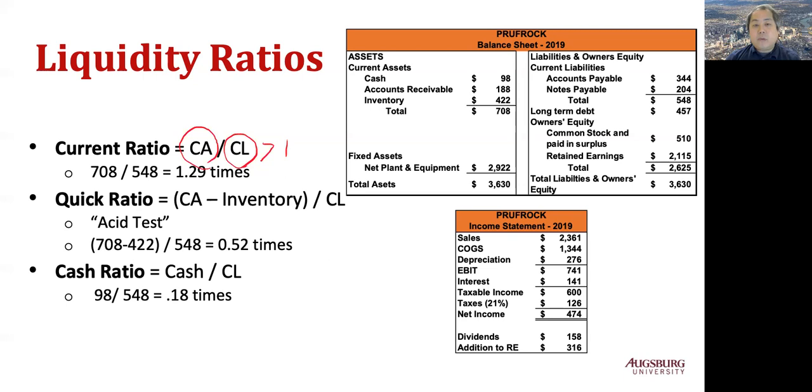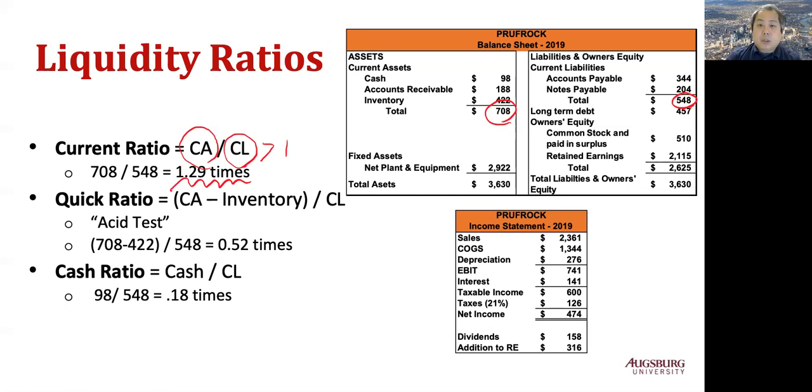For this company, Fruit Frog, our example, current asset is 708, current liability 548, so it is 1.29 times. It's above 1, so it means that it may be fine. It's not absolutely bad, but we cannot say it's just fine because we don't know if this level is high enough. We'll talk about it later, how to compare.